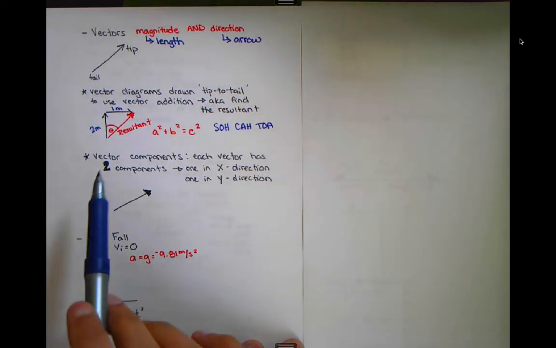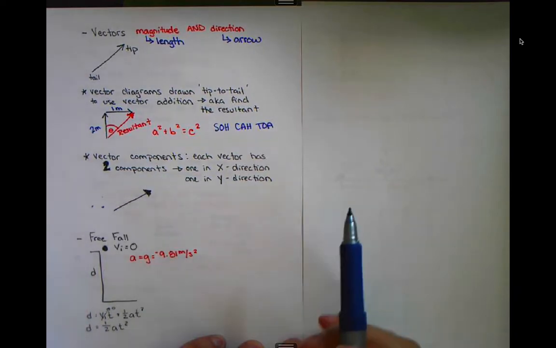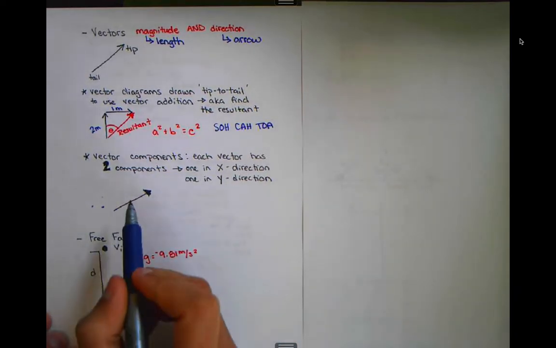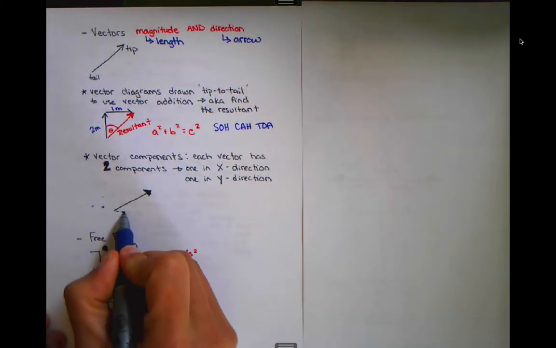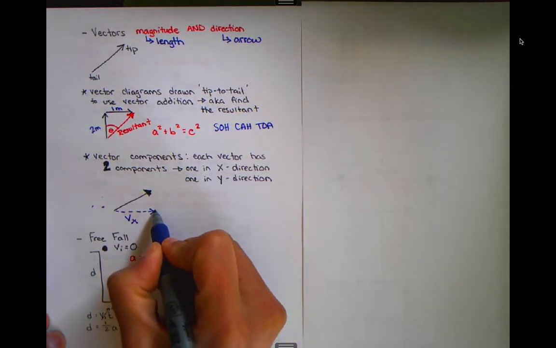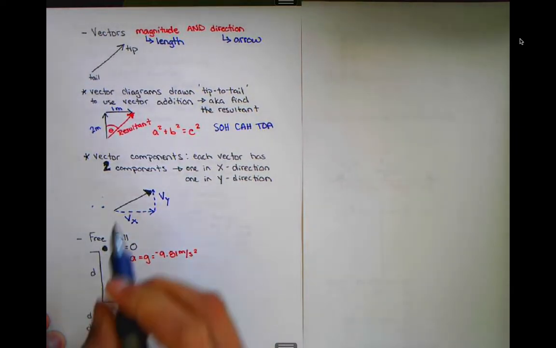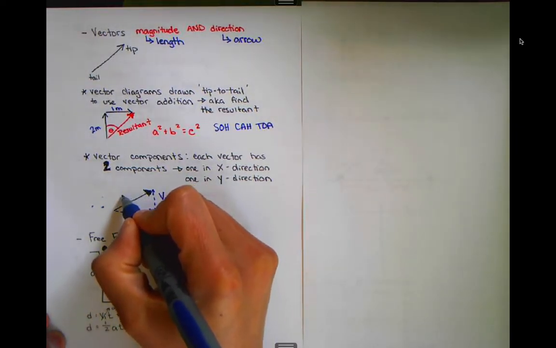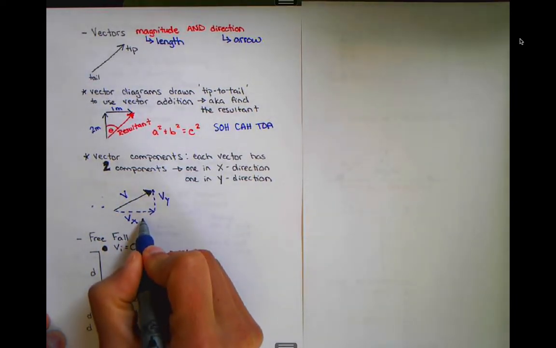Okay. The other thing to remember about vectors is they have two components, right? Every single vector can be broken down into its components. So if I just have this random vector here, I can break this into its two components, right? And so here would be the component in the x direction, and here would be my vector in the y direction. So if I call this original solid line vector v, we could come up with relationships here.